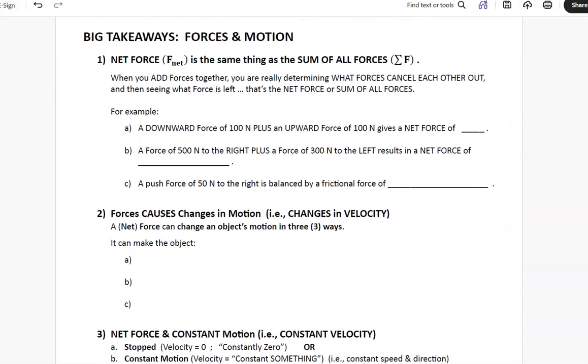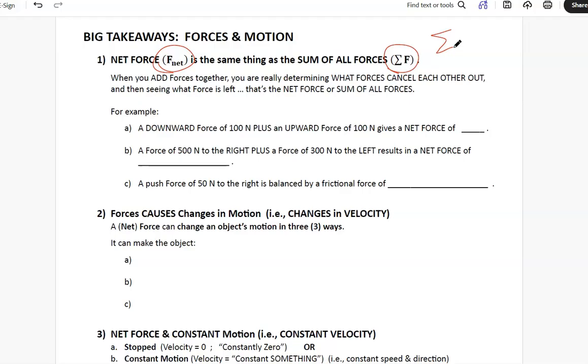So before we get to these takeaways here, we have to discuss the concept of net force, also known as the sum of forces. A net force, which we abbreviate with the symbol F sub net, or the sum of forces, which uses this uppercase sigma from the Greek alphabet, means the sum of.